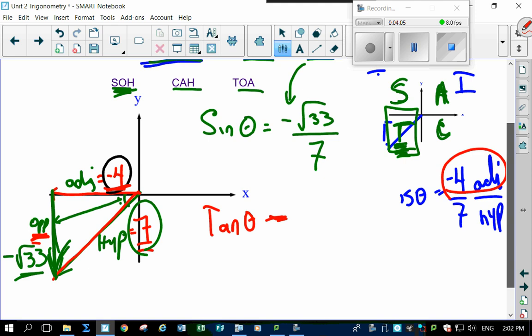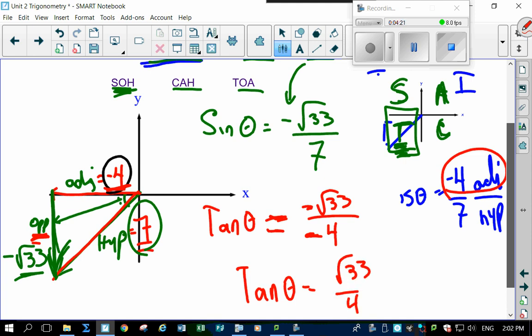Opposite being -√33, adjacent being -4. Negative over a negative makes tan theta, in fact, a positive value of √33/4, confirming our CAST rule, and that's how you find those trigonometric ratios.